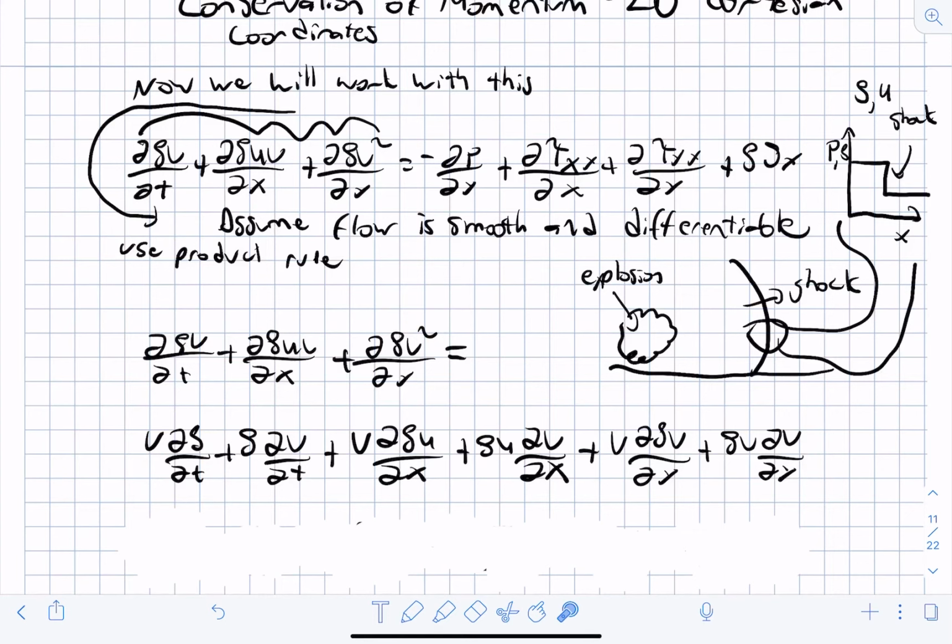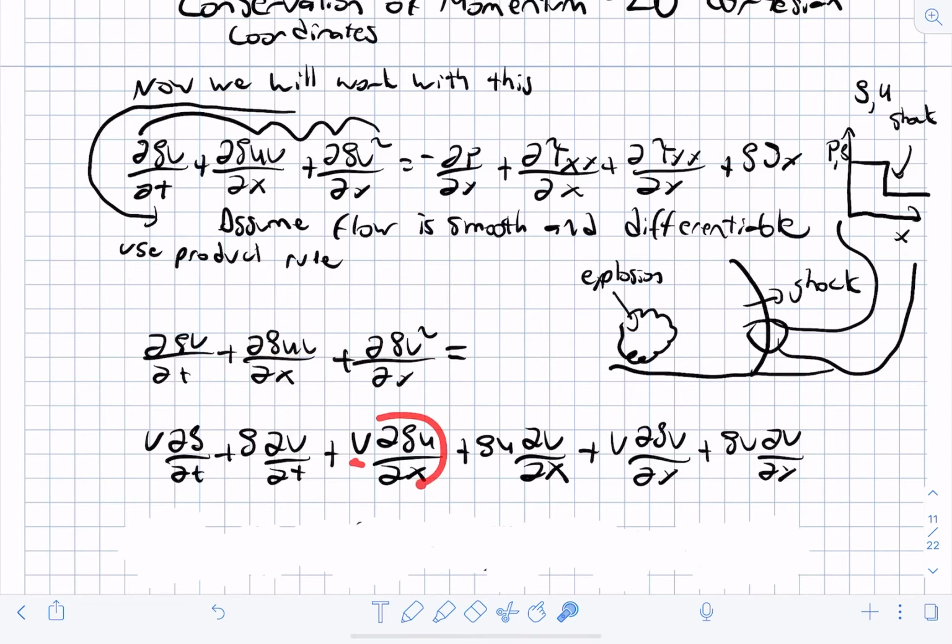So basically here, I've just split this term into two. So I have v partial rho partial t plus rho partial v partial t. I use the product rule here, on v and rho u. I just leave the rho u alone, and the reason I'm doing that will become clear in the next step.